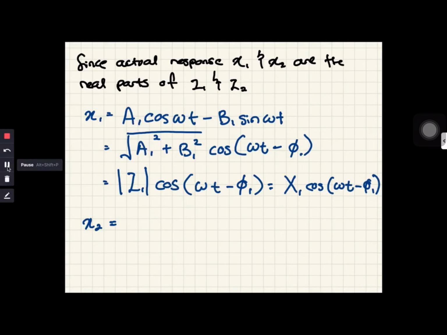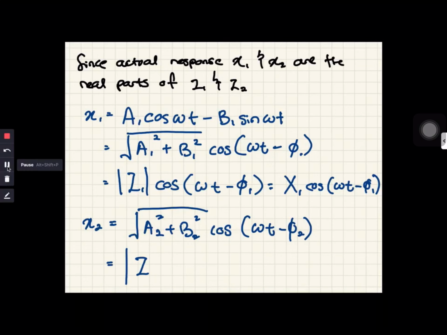So this will be square root of A2 squared plus B2 squared cosine omega t minus phi 2, and this is equal to the absolute value of Z2 cosine omega t, oh sorry, not the magnitude, the absolute value, and this also relates to X2 cosine omega t minus phi 2.